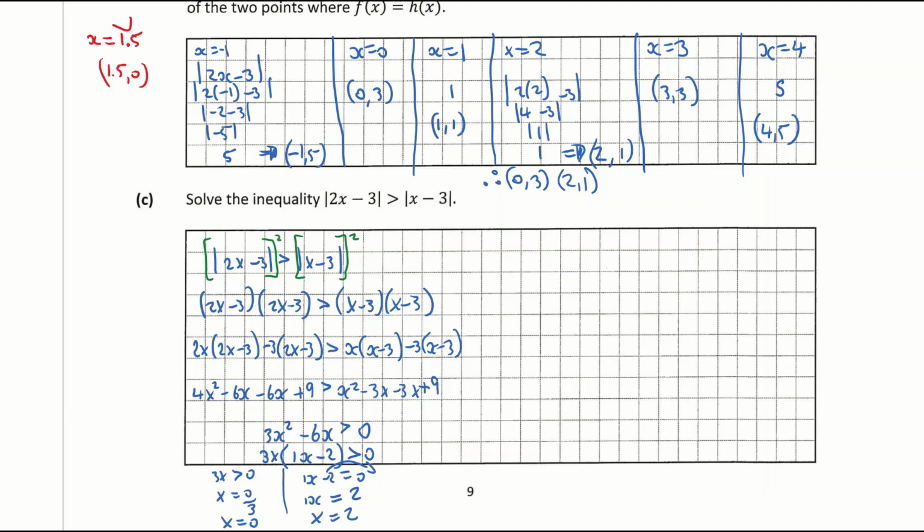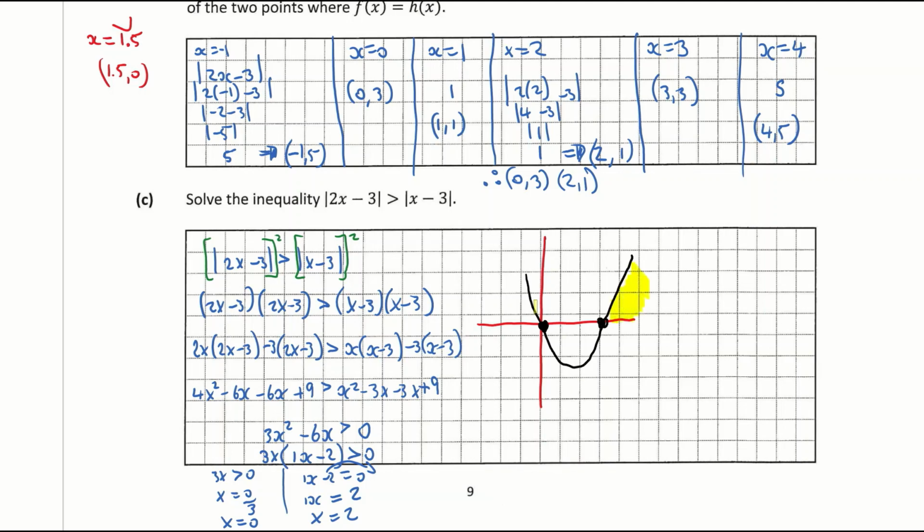And if I was to look at that on a coordinate graph, so let's just do a quick sketch of this. So I'd have x is equal to 0, x is equal to 2. It's a positive because it's greater than 0, and it's a quadratic because it's 3x squared. So my quadratic looks something like that. And I want the values where it's greater than 0. So that's above the x-axis.